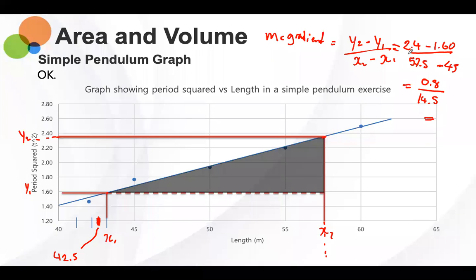Do we add or divide? Divide. We have 0.8 divided by 14.5.